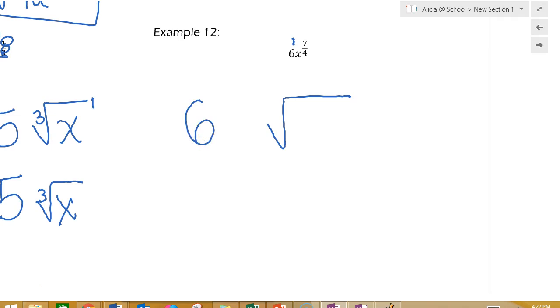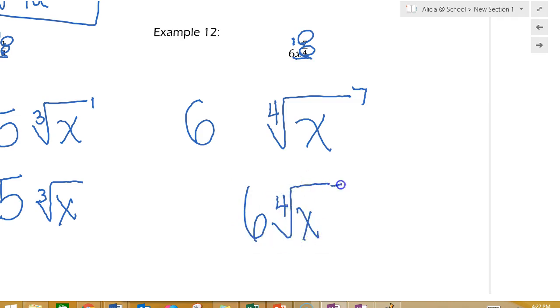They're still going to be multiplied later on. My base, however, x raised to the 7/4, that base has a fractional exponent. So x needs to be inside. That numerator of a 7 is my exponent, and my denominator of that 4 becomes my root number. So I'm going to have a final answer of 6 times the 4th root of x to the 7th power.